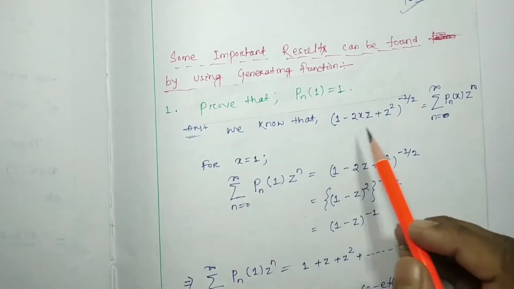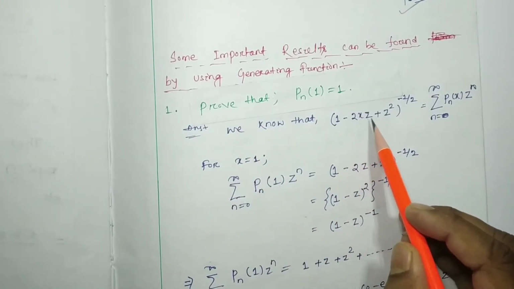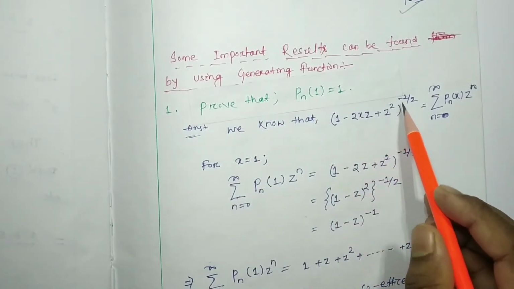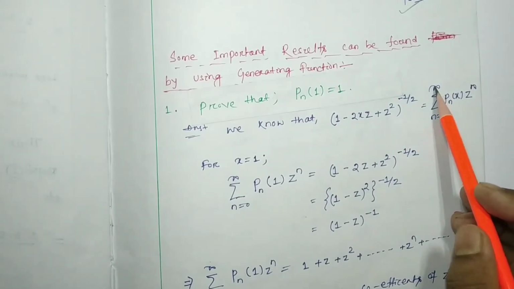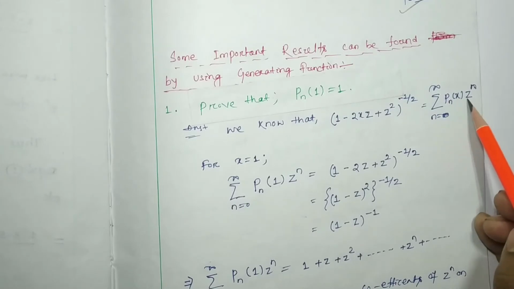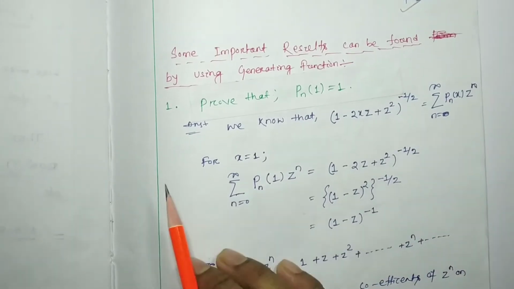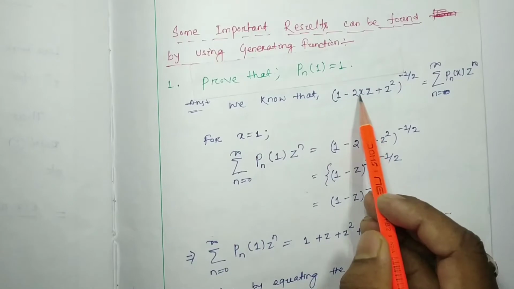We know that (1 minus 2xz plus z square) to the power minus 1 by 2 is equal to the summation over n equals 0 to infinity of Pn(x) into z to the power n. Now we have to put x equal to 1.